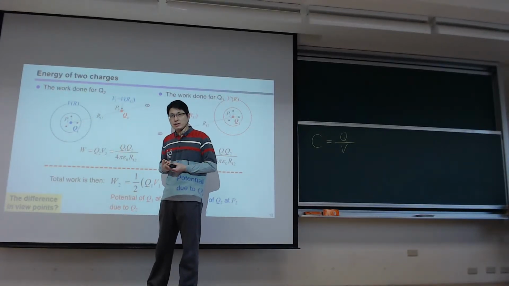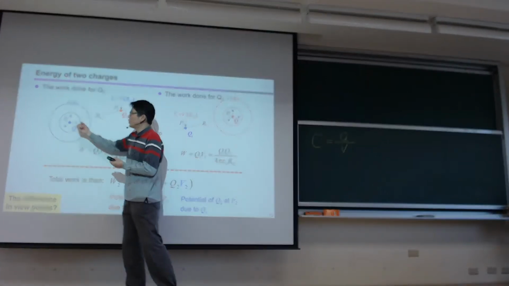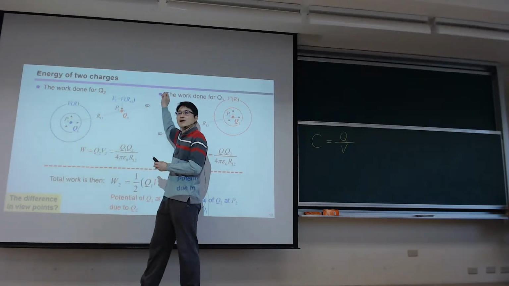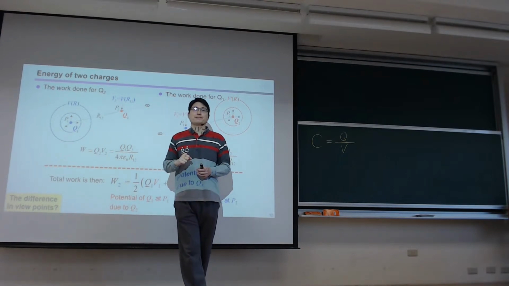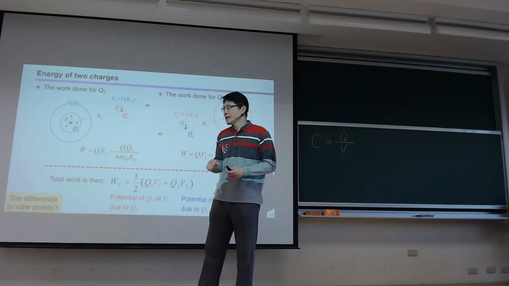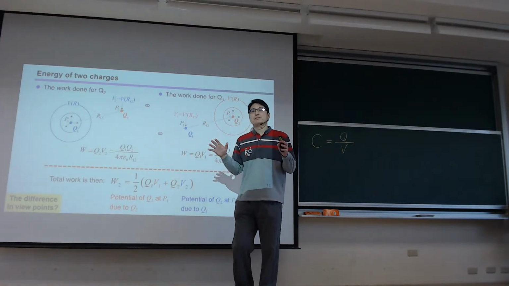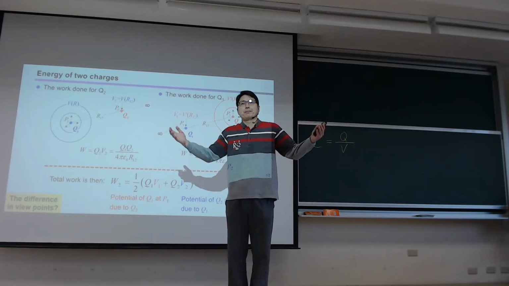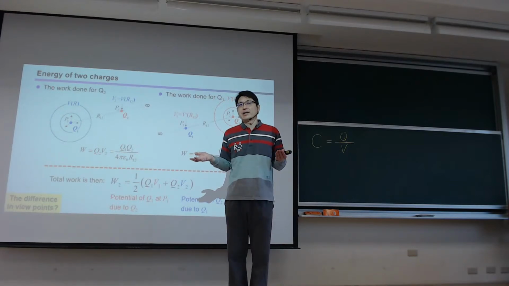We only have two charges, but somehow in the top, we assume one charged particle is already there. So I only have to bring the second one into the place. But this equation is telling you I'm looking at the system as a complete system. So I don't really care which charge is coming first, right?